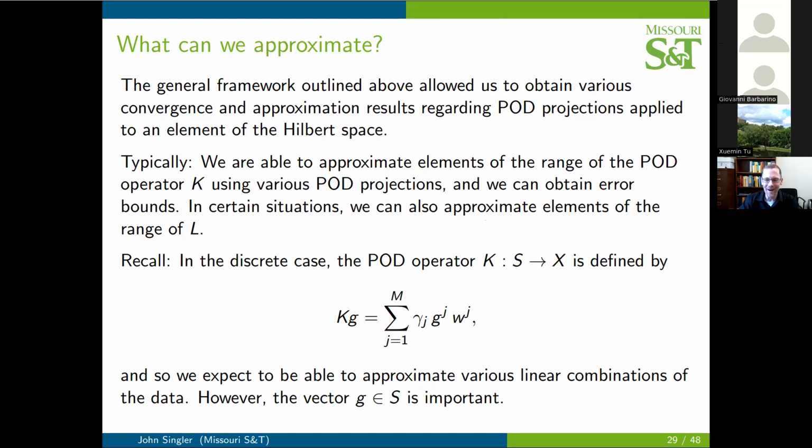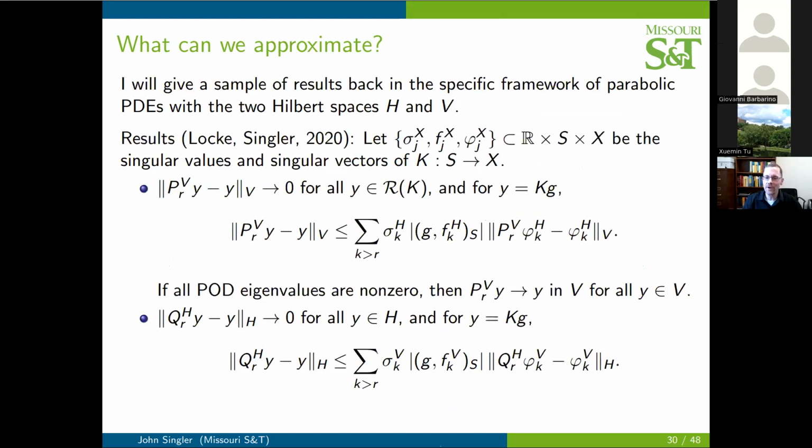But how well you can approximate it depends on this vector G, so the coefficients in your linear combination. It also depends on those weights. So I'll give a couple of sample results here.